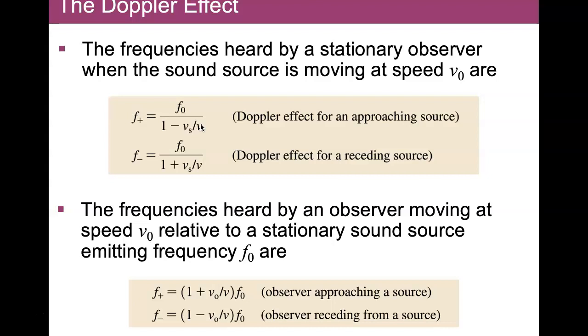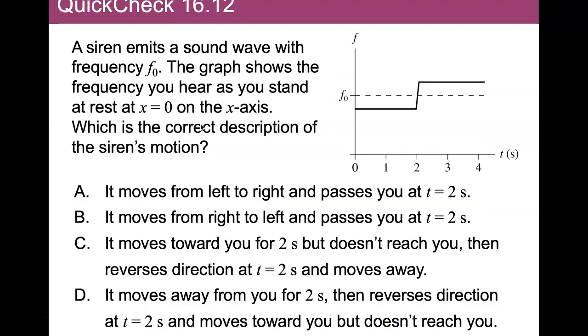We have to use the theory of relativity, and things change fundamentally, though in terms of the equations they change a bit. We won't be deriving those, but we need to be careful not to use the wrong equations when we talk about light. All right, so let's have a quick check problem here.